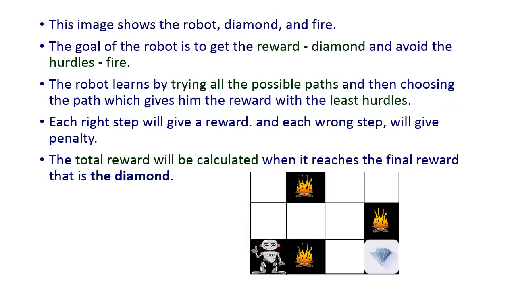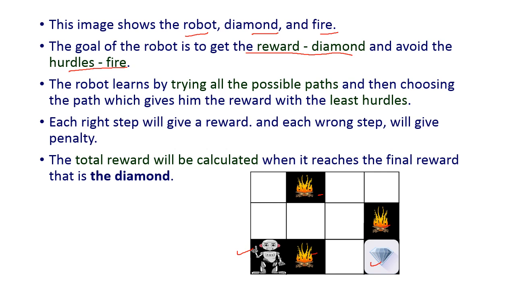The image shows the robot, diamond and fire. Here we have the robot, the diamond and many fires, and the goal of the robot is to get the reward, that is, to reach the diamond and avoid the hurdles, that is, the fires.